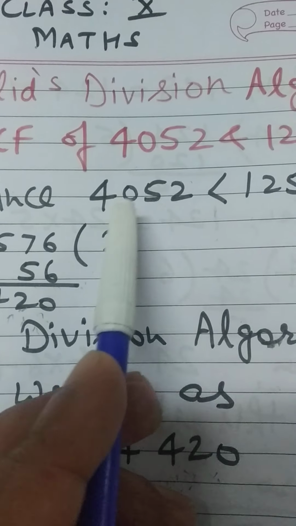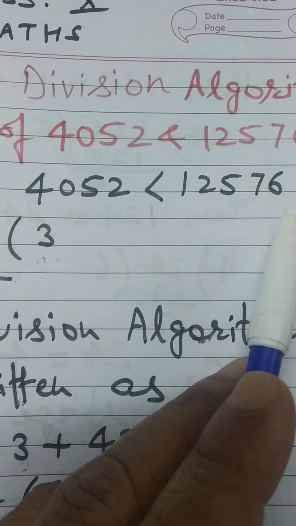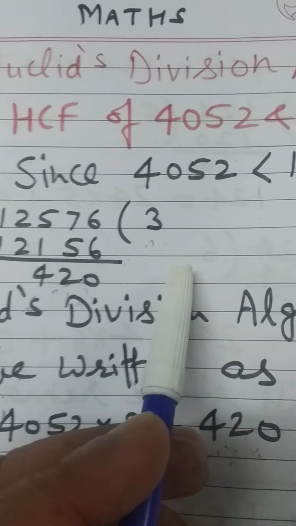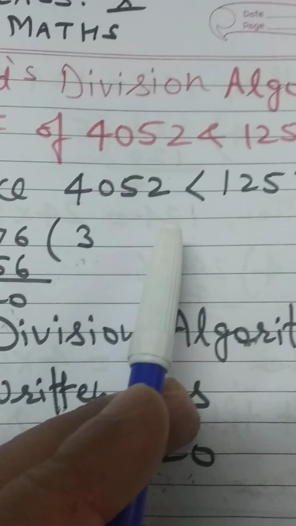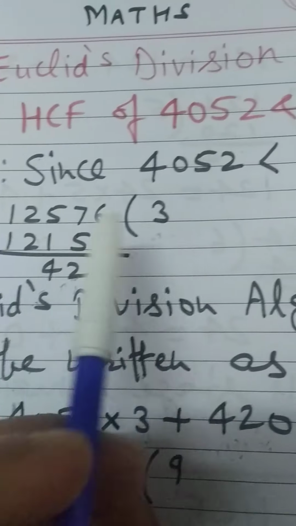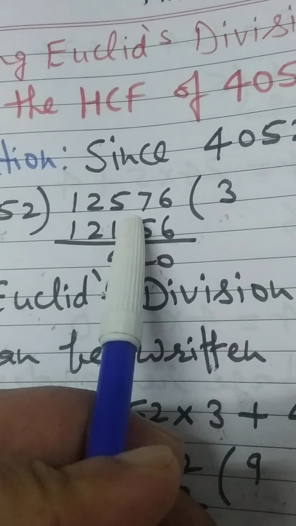Since 4052 is less than 12576, I will take 4052 as divisor and 12576 as dividend.